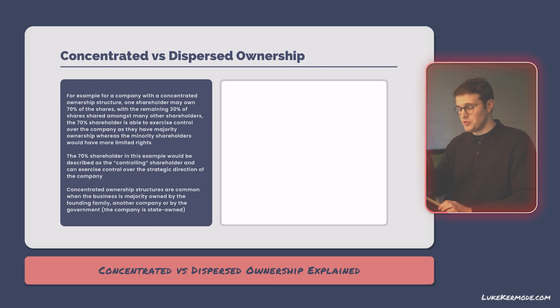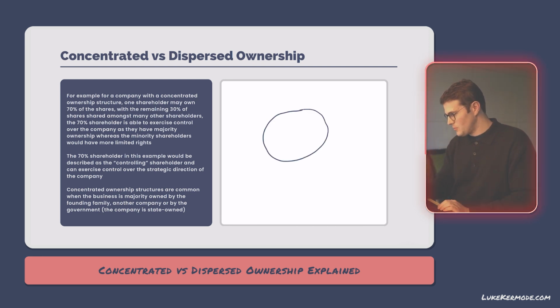And concentrated ownership structures are more common when the business is still majority owned by the founders, another company, so it's been acquired, or is owned by the government, so it's state controlled.